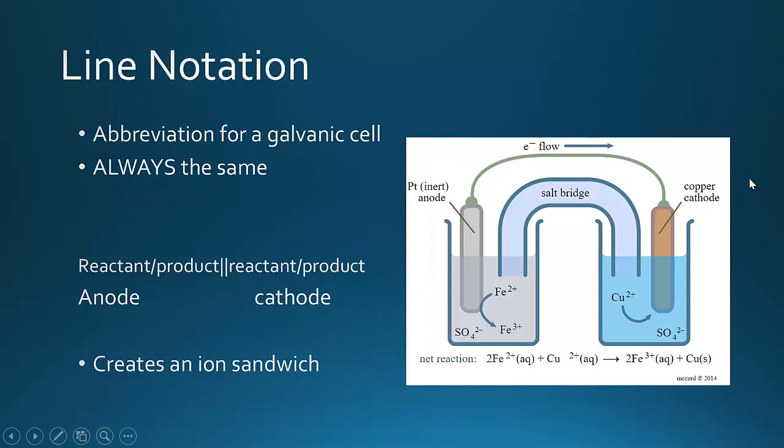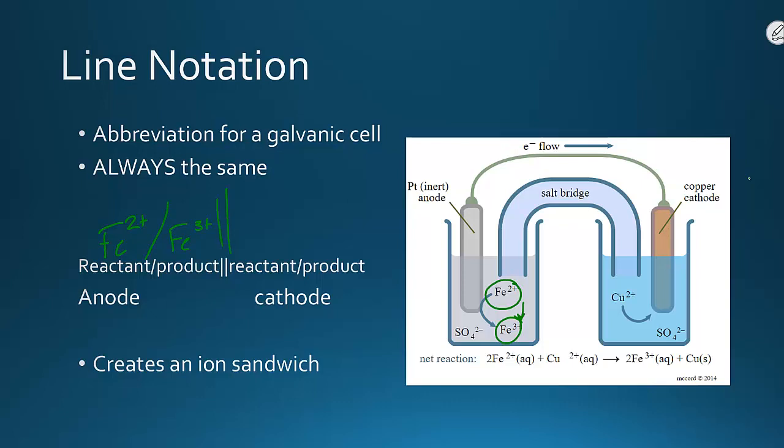We can abbreviate voltaic cells using line notation, where we have the reaction in the anode separated from the reaction in the cathode. So for the reaction here, in our anode, we have iron 2 that becomes iron 3. We separate them with a slash to say this is one half cell.